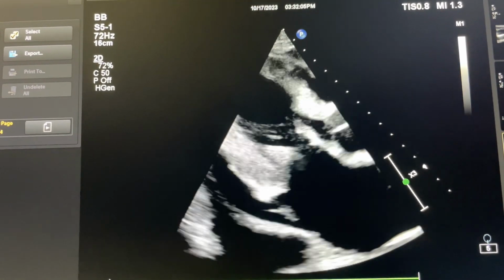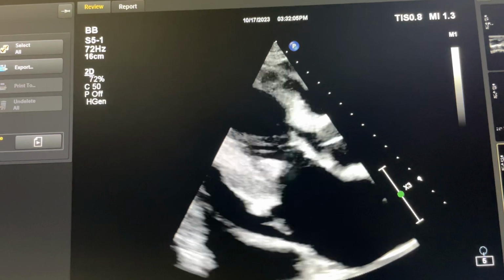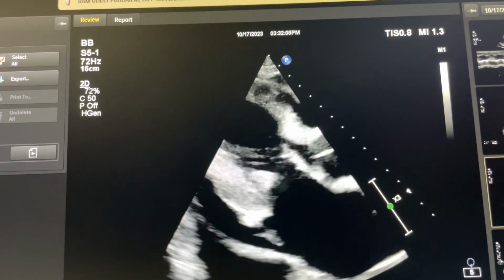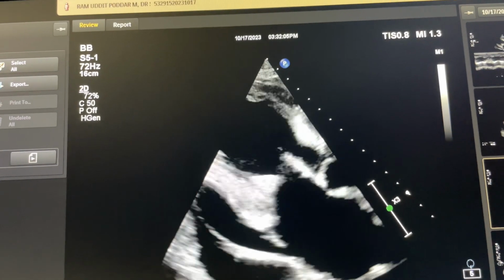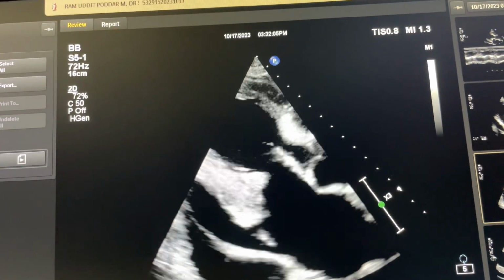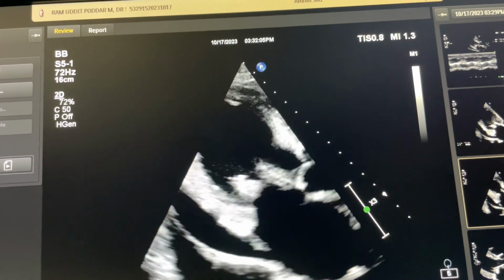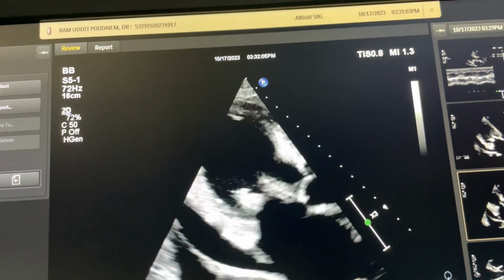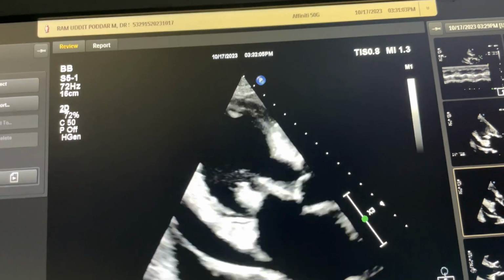In the next image, again you see the mass in PML, and posterior to the posterior wall, that is pericardial effusion, and posterior to pericardial effusion there is left sided pleural effusion.